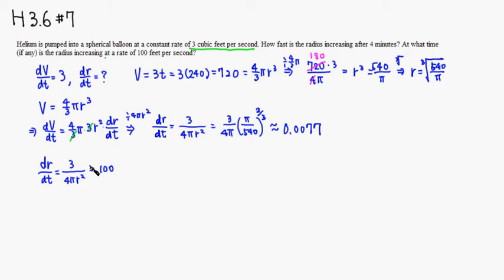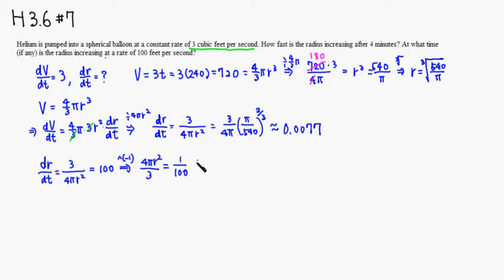We can actually solve for r. Take the reciprocal of both sides, so we have 4 pi r squared over 3 equals 1 over 100.